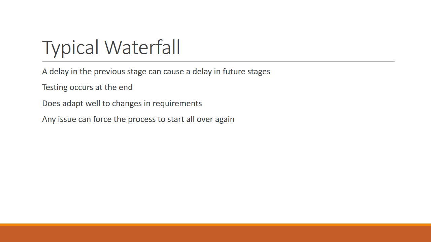The other thing is testing occurs at the end, so if there are any major issues, it could force the process to start all over again, which could also cause delays. And it just doesn't adapt well to changes in the requirements, or as we would call it, scope creep, that might occur during the project. And any issues can, as stated before, force everything to start all over again.